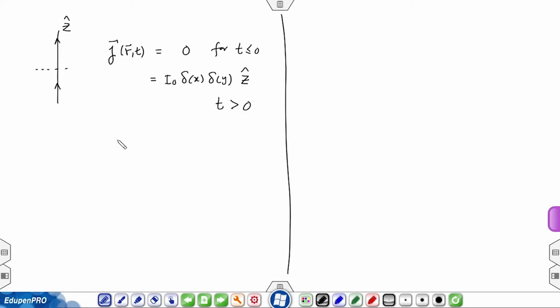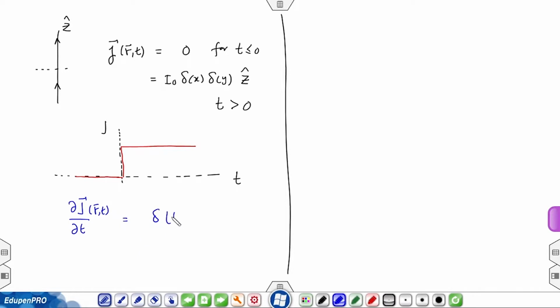So, the way the current looks, if I were to plot it with respect to time, is that this is my t axis, this is J axis. It is 0 up to time t equals 0, and then at t equals 0 it becomes a step function. So, J is like a step function, it turns on at t equals 0. Therefore, dJ/dt is going to be equal to a delta function at t.